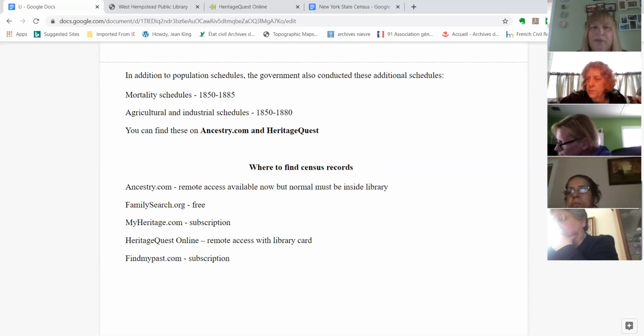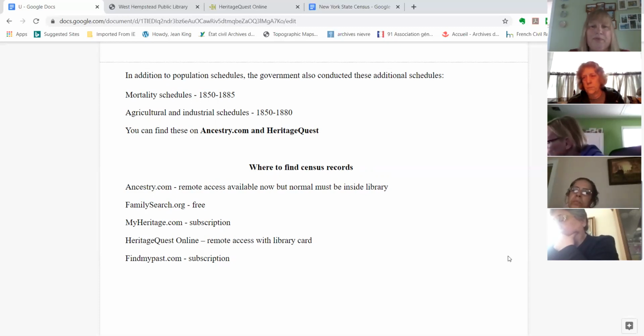You can just put in your library card from home and get on Heritage Quest and Ancestry, which we'll switch to in a minute. That is free right now, and I've heard that it's free through the end of May, that you can use it from home. And then I'm assuming after the end of May, it'll go back to where you have to be in the library to use it.